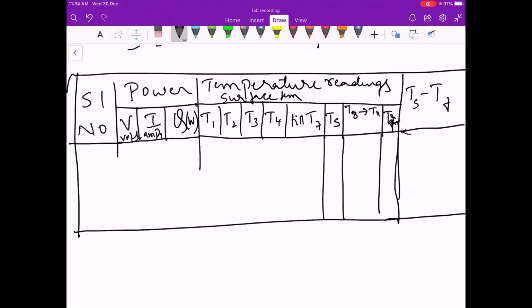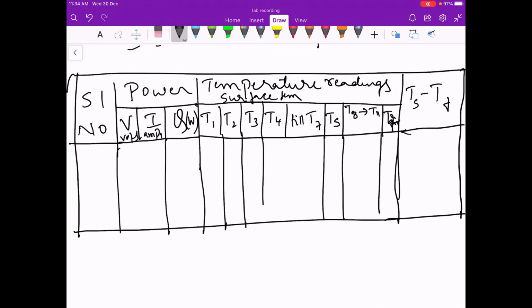Are you able to understand, guys? So finally find out the difference of T surface versus T fluid temperature. You can refer to the tabular column in the manual which has been updated there. You can keep it in Kelvin or whatever it is. Accordingly, whatever calculation I showed, you can try to do it. Okay.